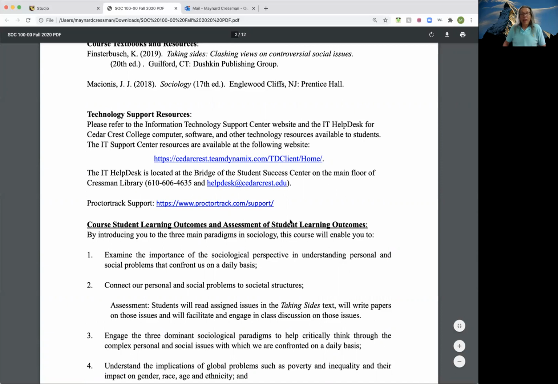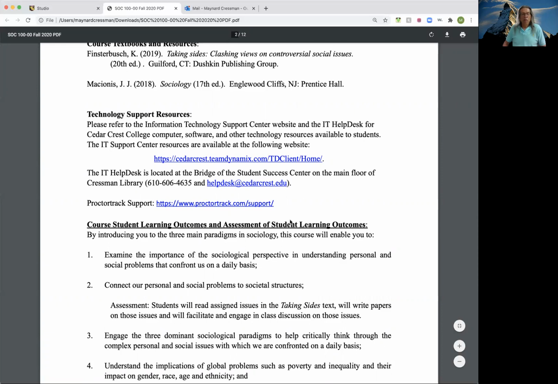And when you hit that, that gives you access to the Canvas course guides. And there's one in there for students, and it explains some Canvas problems. So there is also Canvas support help in case you're having problems with that. But if you're having any Canvas issues, start with the Cedar Crest Help Desk, because they're pretty familiar with how Canvas works, and they can usually help you out.